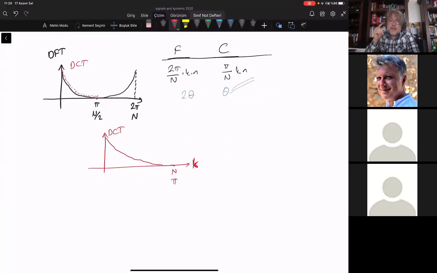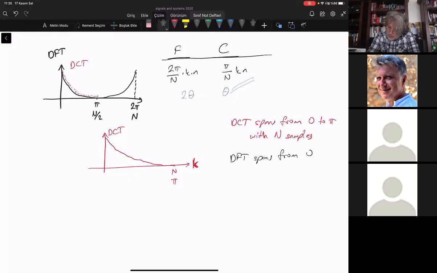DCT is only spanning from 0 to pi with the length of n, and the DFT, let me write it, DCT spans from 0 to pi with n samples, and DFT spans from 0 to 2 pi with n samples.